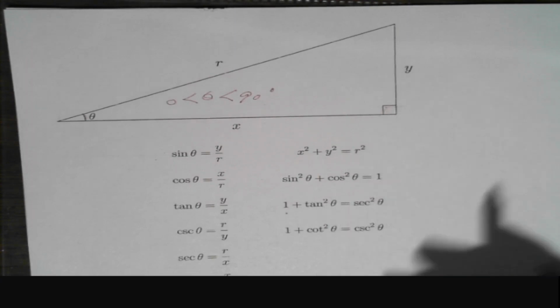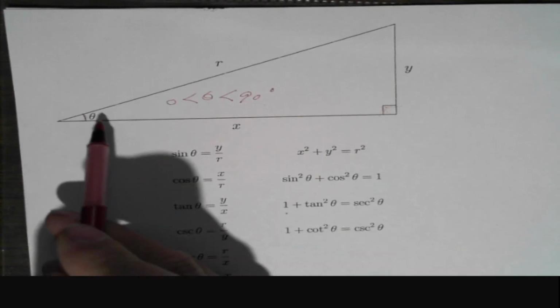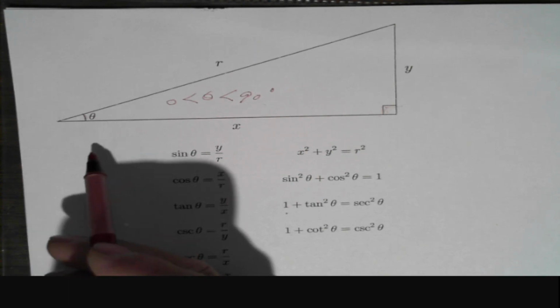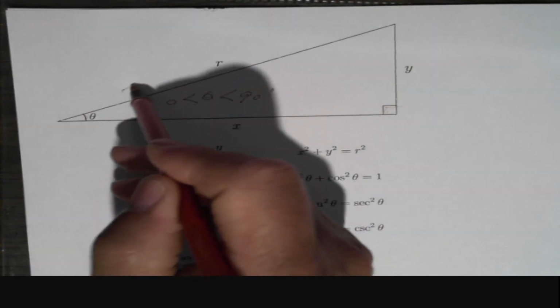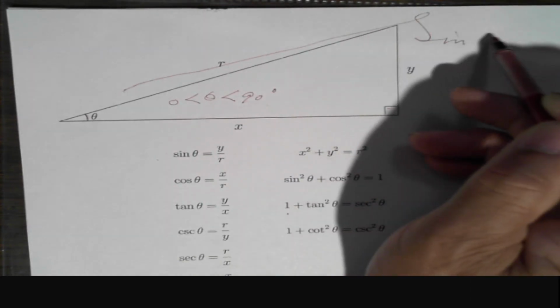Now, sine is a ratio of two sides. From this angle, the best way of writing the initial of sine is starting from here, s, sine theta.